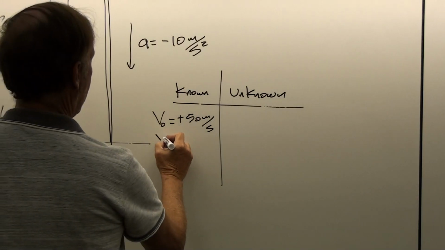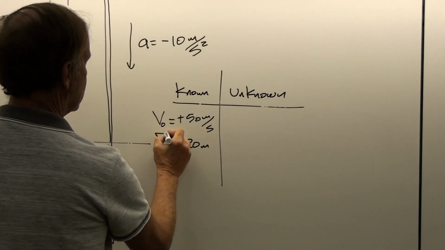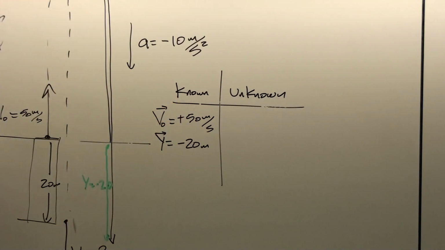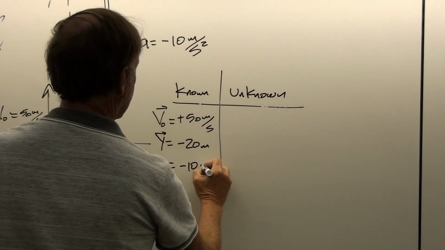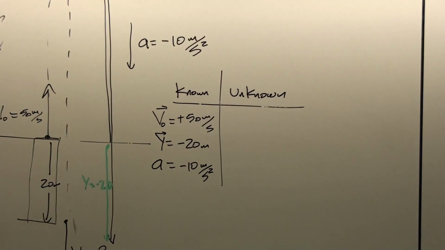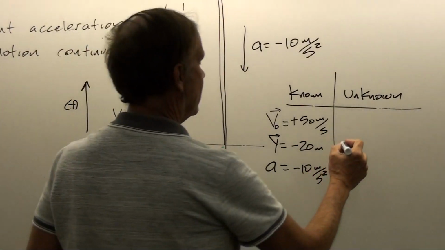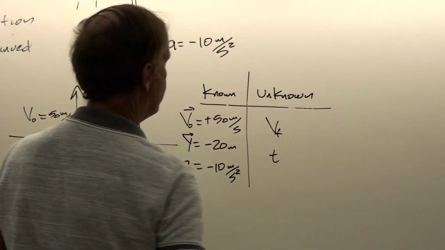And so y would be negative 20 meters, and that's a vector. And then we also know the acceleration, a, that's minus 10 meters per second squared. So we've got 3 out of 5. That means we're in business. Our unknowns are v final and the time.